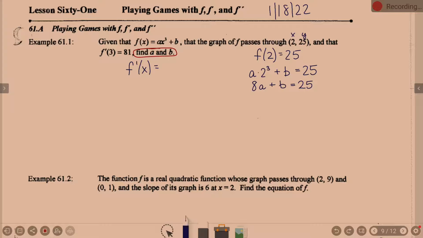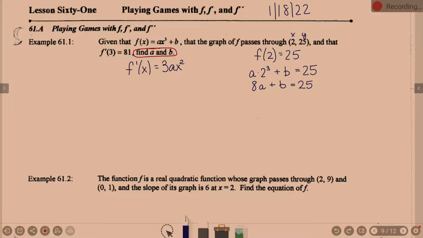Remember, as we find this derivative, we are working with respect to x. A and b are just numbers. They're constants. So what's the derivative of a x to the third? 3a x squared. Multiply the 3 out front, subtract 1 from the exponent. Plus, what's the derivative of b? Okay, it's just 0. It's a constant, so the derivative of a constant is gone.